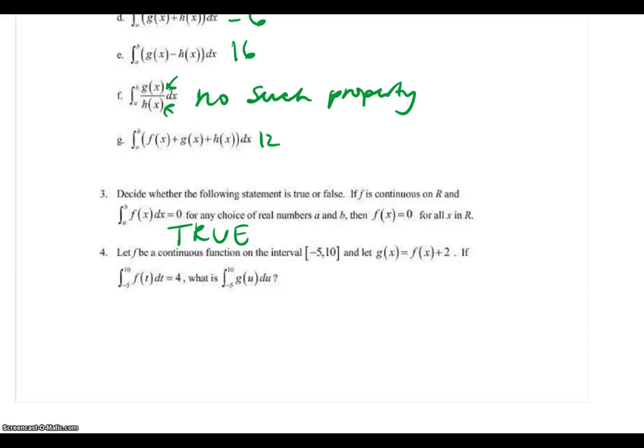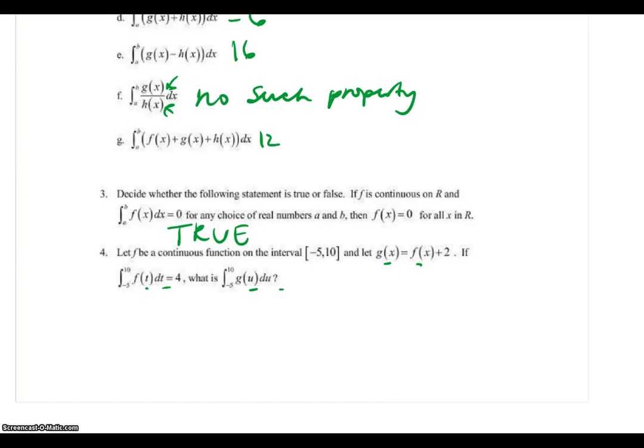Number 4, let f be a continuous function on the interval from -5 to 10. G of x equals f of x plus 2. If this is true, then what is the integral of g of u du? It doesn't really matter what variable you use. I'm sure you guys are probably like, what? There's an x here and here, but now we've got t's and then u's. Doesn't really matter. The property is all the same.